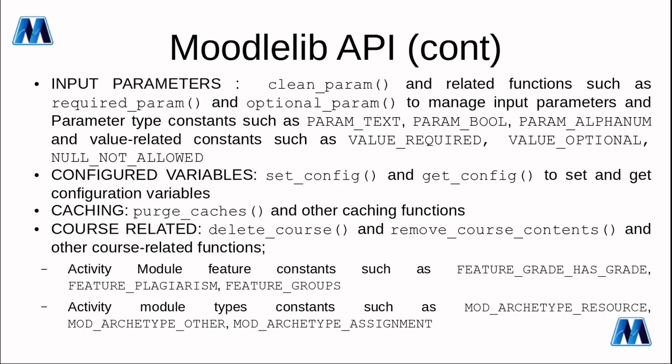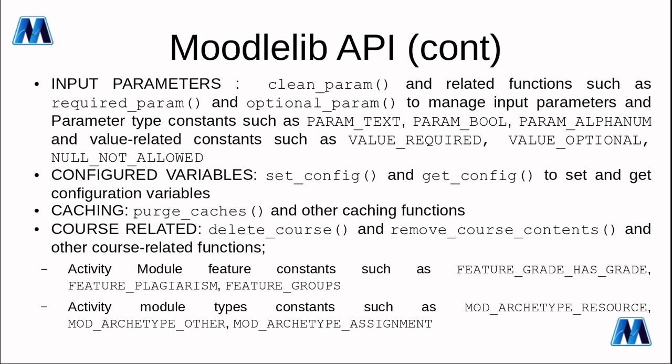Other things: input parameters, so stuff that is being posted to your script. You can clean the parameters, check for parameters, and set defaults by using the optional parameter method or call. You have several constants defined, such as text, boolean, etc., so you can check your input as you require.